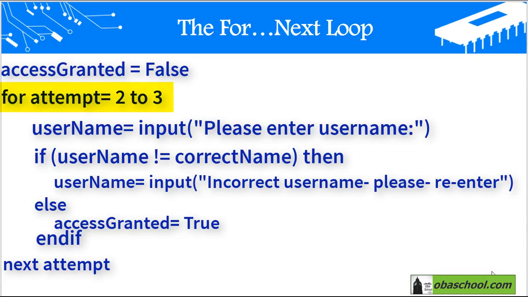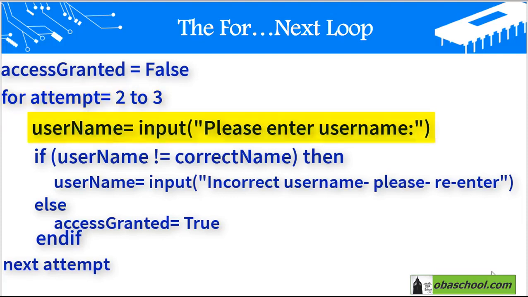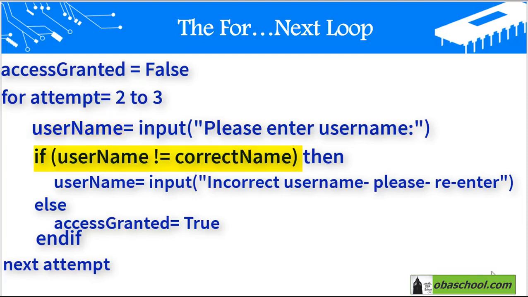For attempt equals 2 to 3, we will put in variable username the input message, which is "please enter username". After the user enters his username, we're also going to check if the username is not equal to the correctName.